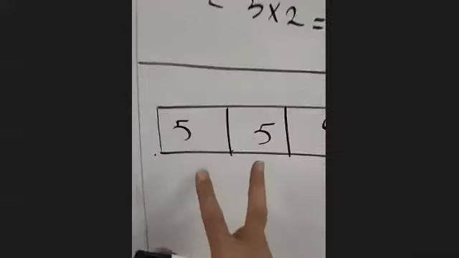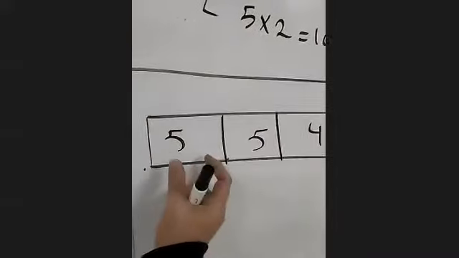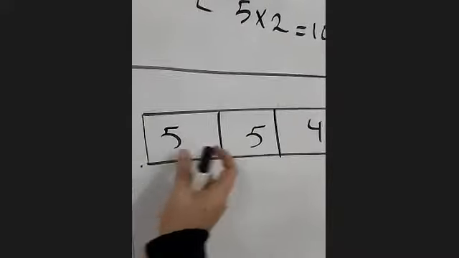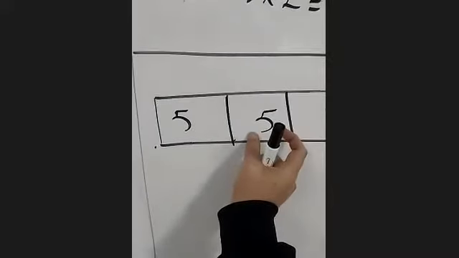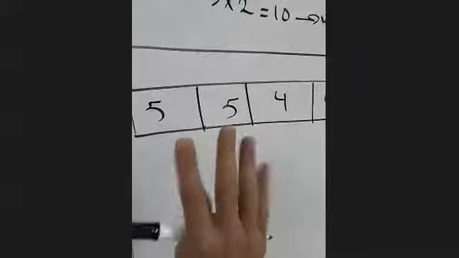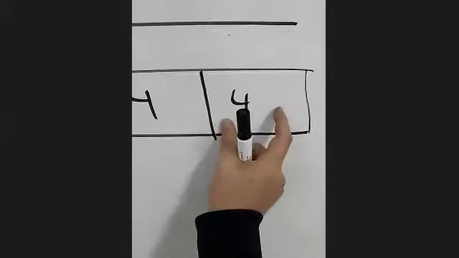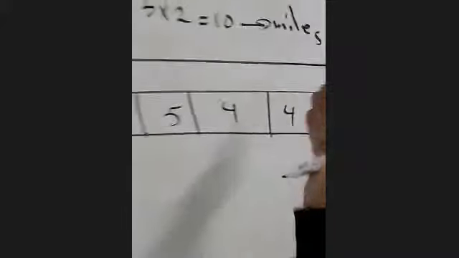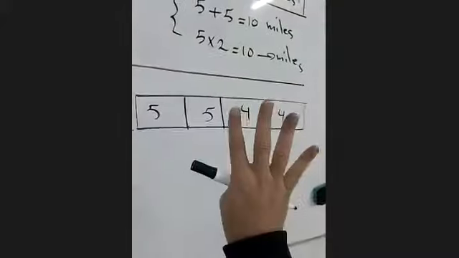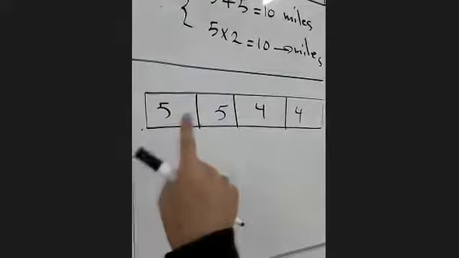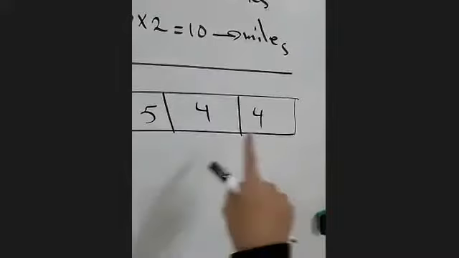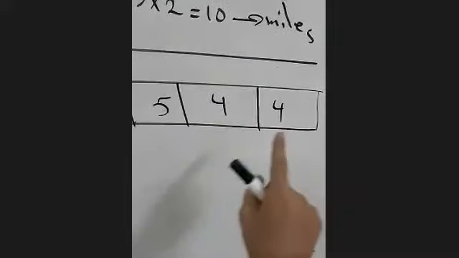Wait, Jalal. 2 groups of 5 students: this is group number 1, 5 students, and this is group number 2, 5 students. And 2 groups of 4 students: group number 1 with 4 students, and group number 2 with 4 students. So how many groups do we have? We have 4 groups. 2 groups are 5s, and 2 groups are 4s. Got it, ya Jalal? I know.